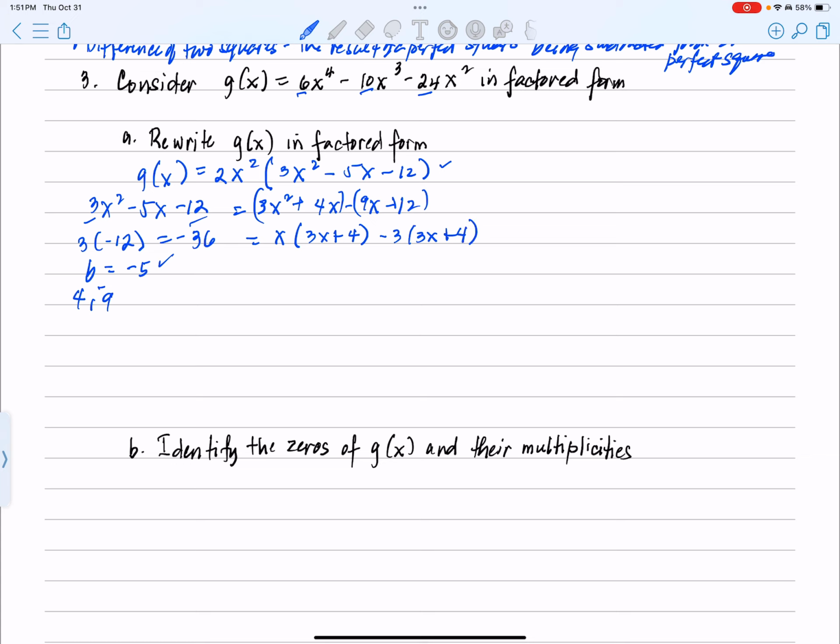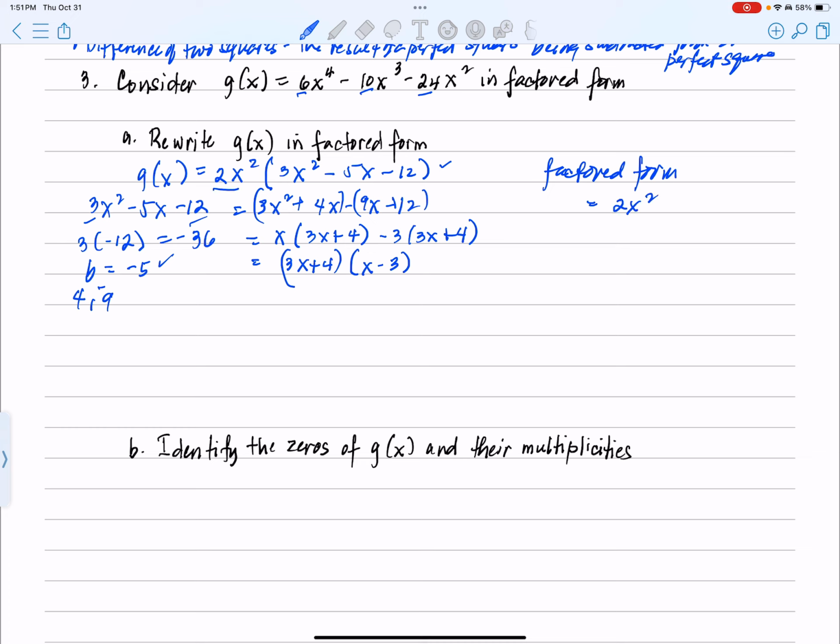So what is our common? The common factor is 3x plus 4. And the coefficient is x minus 3. So in other words, put all of our factored form together. The first one is 2x squared right here.